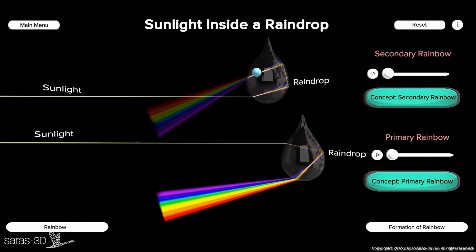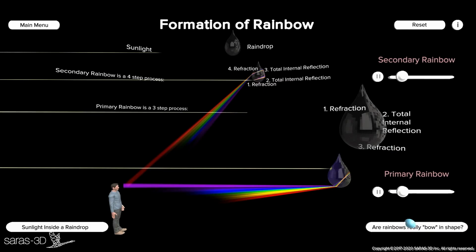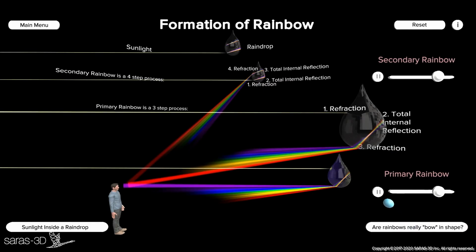Whereas in the formation of the secondary rainbow, the sunlight gets refracted and dispersed into seven colors, gets totally internally reflected twice, and again gets refracted and dispersed when it emerges out. So the primary rainbow is a three-step process, that is refraction, total internal reflection and refraction. Whereas the secondary rainbow is a four-step process, that is refraction, total internal reflection, again total internal reflection and refraction.